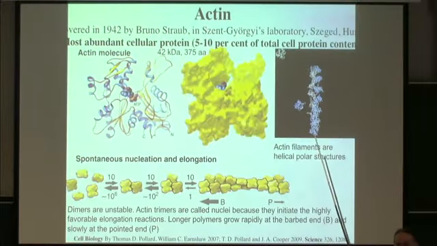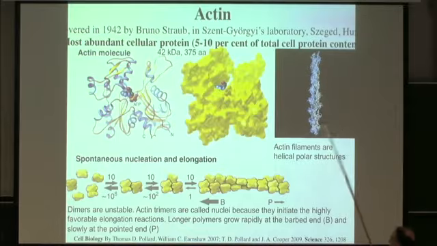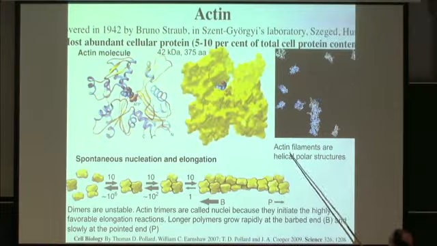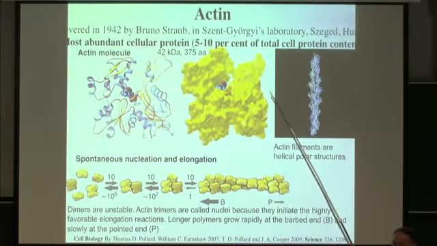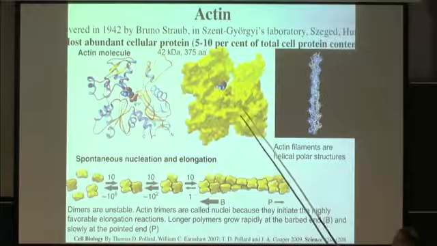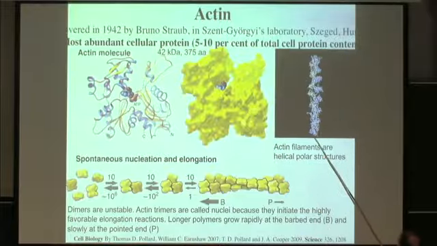Actually, all this information was already discussed here, but what is important? Actin is the most abundant protein of our body and has a wonderful ability to form filaments. Now, what should we know about these filaments?